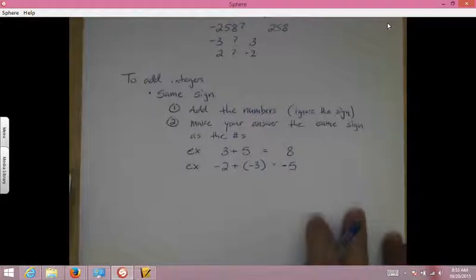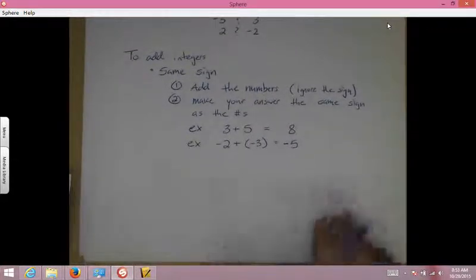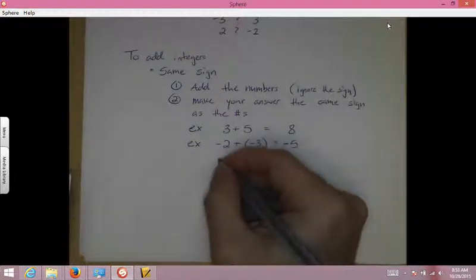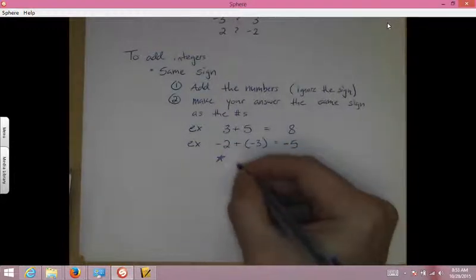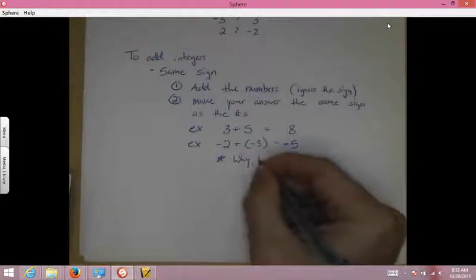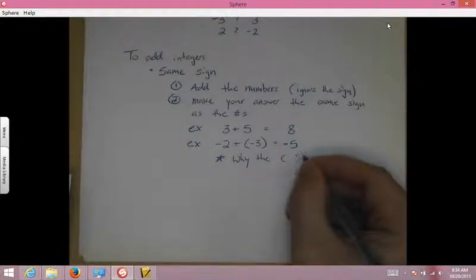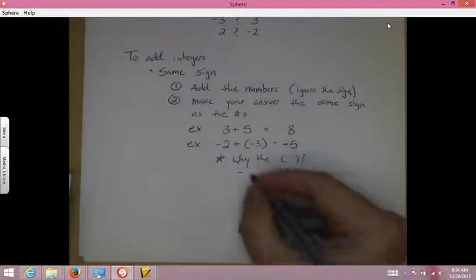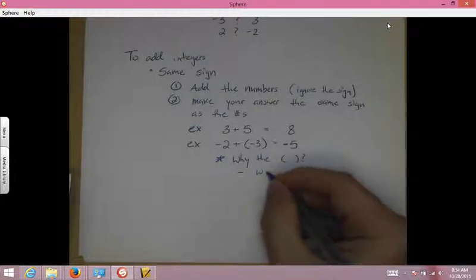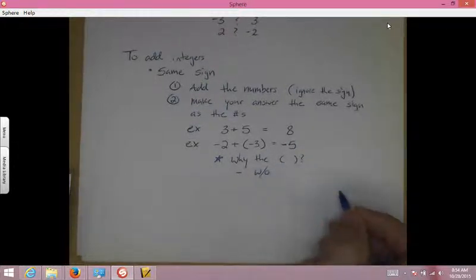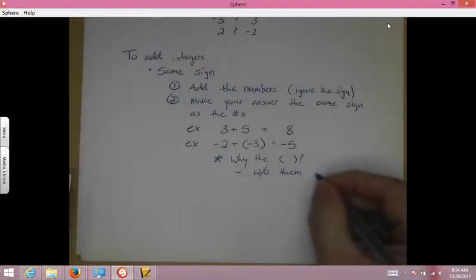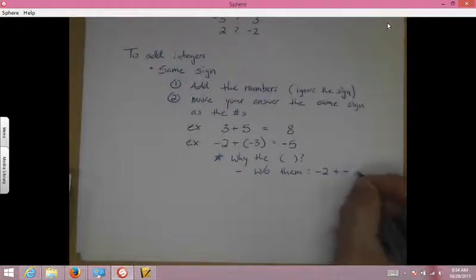Now, one thing you might be wondering is you might be saying, hey, what's up with these parentheses here? Why do we have them? Let me show you. So, why the parentheses? Well, the reason why is because without them, this is what the problem would be. -2 plus minus 3.